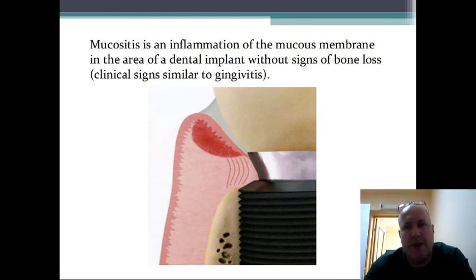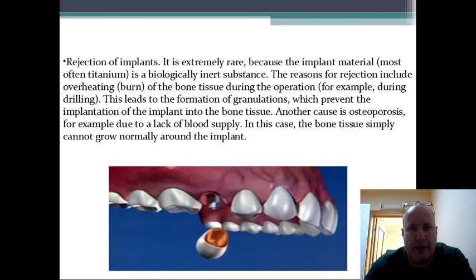Mucositis. Mucositis is an inflammation of the mucous membrane in the area of the dental implant without signs of bone loss. Clinical signs are similar to gingivitis. Rejection of implants is extremely rare because the implant material is a biologically inert substance. The reasons for rejection include overheating burn of the bone tissue during the operation, for example, during drilling.